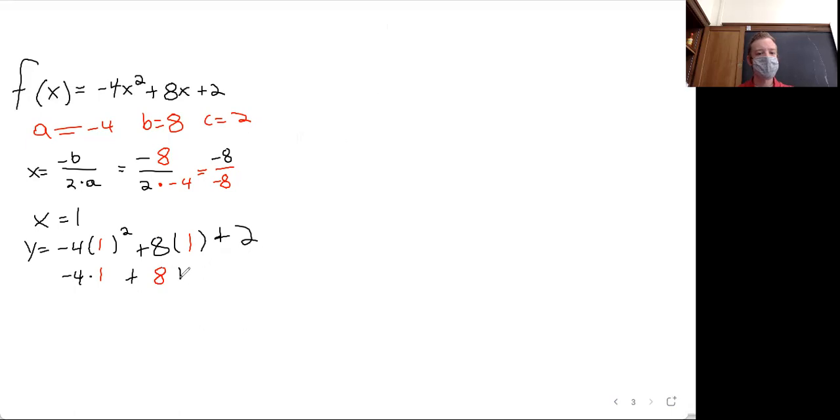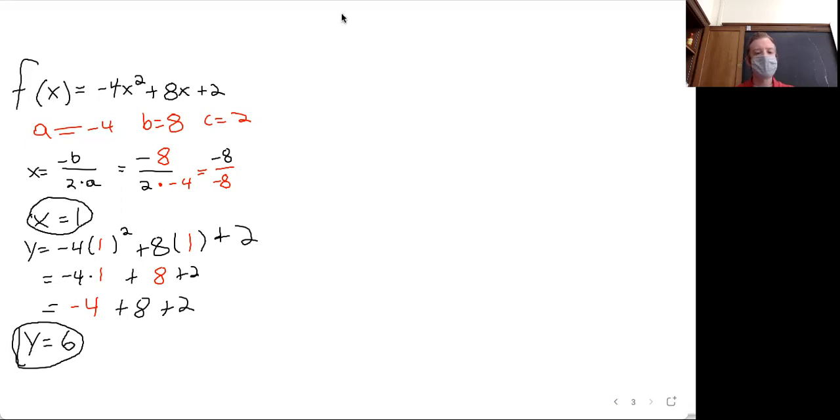Plus 2. So -4 times 1 is -4, plus 8 plus 2. So when we combine these together, we get y equals 6. And that means we have a vertex of +1, +6.